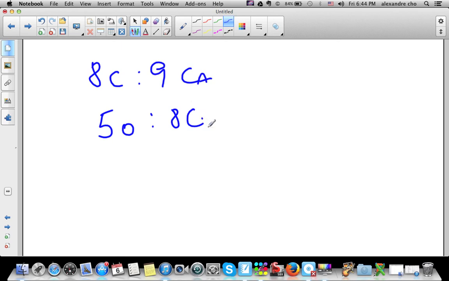Or you could have written 8 cucumbers to 5 onions. So a lot of choices here, as long as you took a part and another part of the salad.